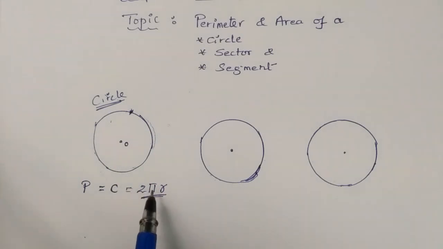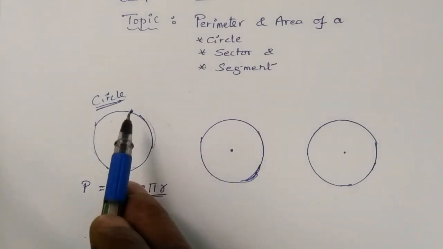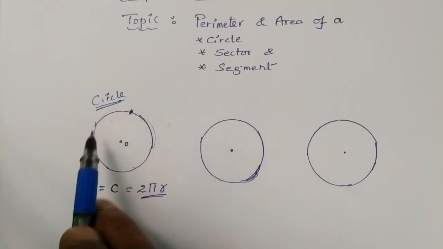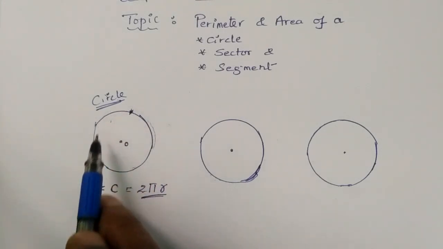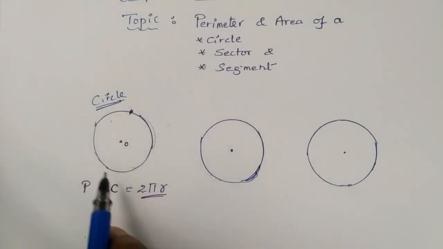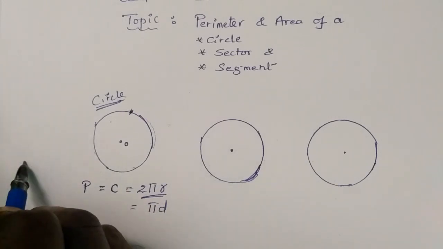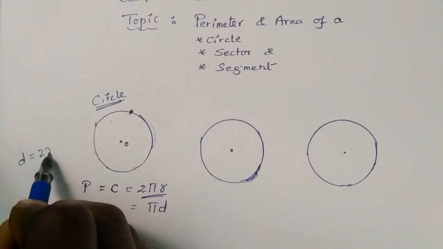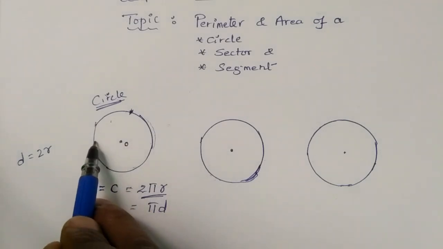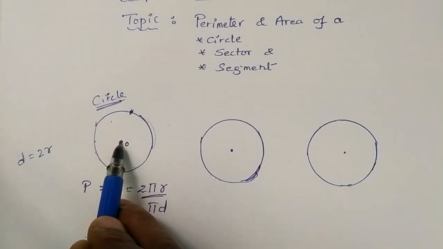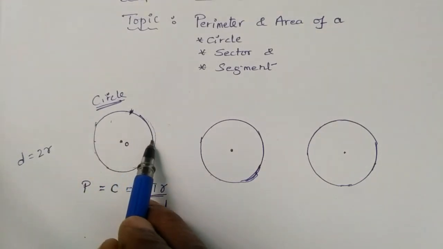We use the 2 pi r formula to find the circumference, that is, the length of this full round boundary. Or you can use the formula pi d also, where d is the diameter. You know that diameter is equal to 2 times the radius. From this point to here is one radius, and from here to here is the other radius.